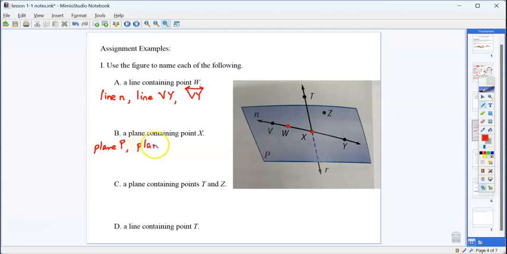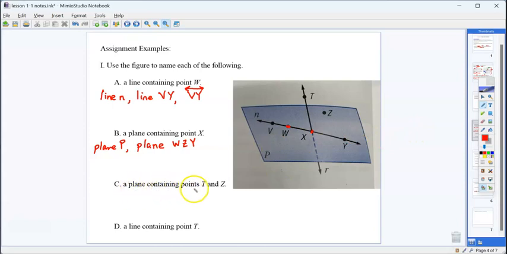So here's another acceptable answer: W, Z, Y. Those are 3 points that are on the plane that are not on the same line. So I won't go through the whole list, but those are 2 possibilities of naming that particular plane.